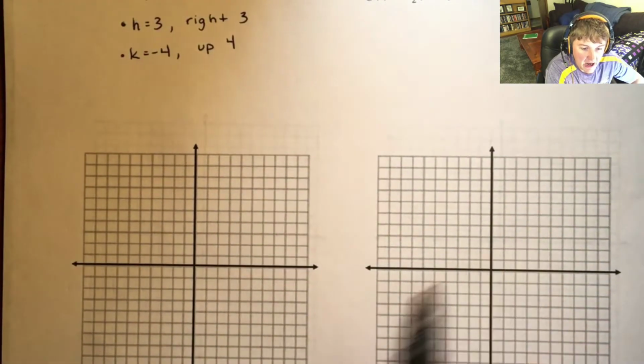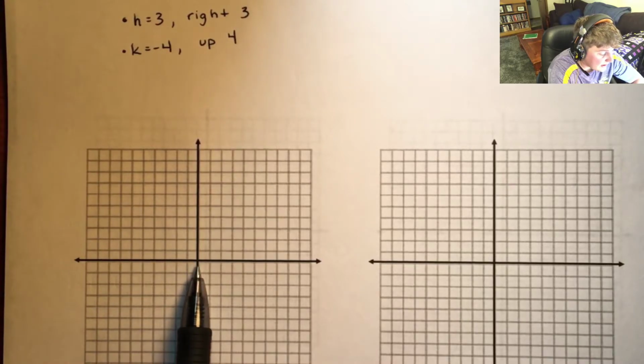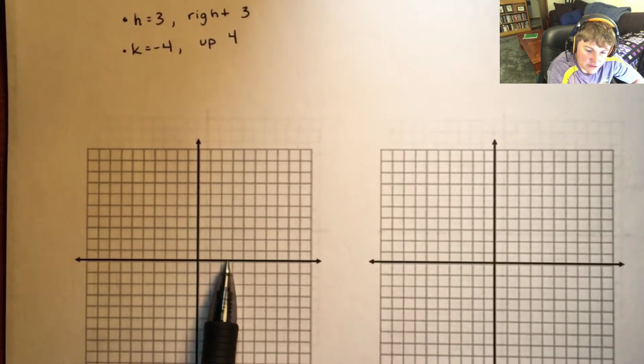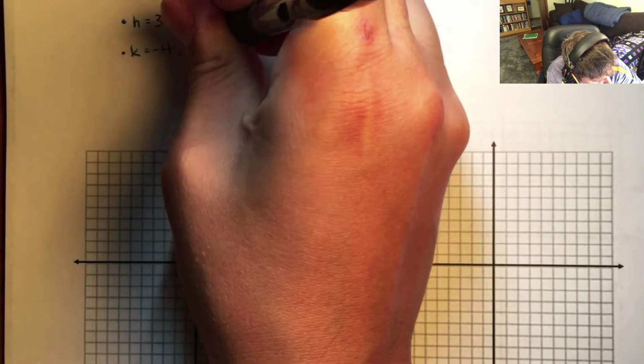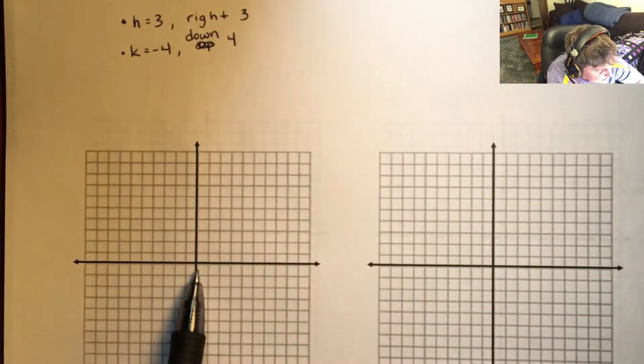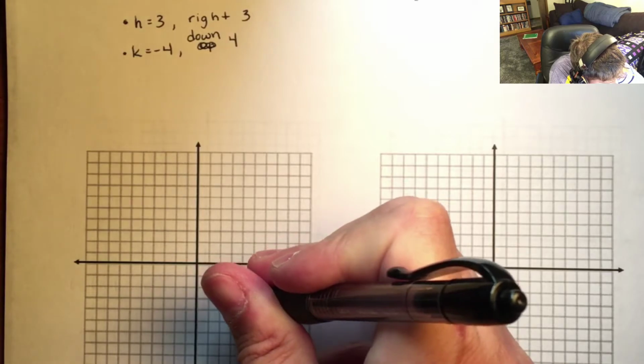I know the vertex is normally at 0, 0, but my new vertex for this problem has been shifted to the right 1, 2, 3, and down 4 because it's negative. So right 3, 1, 2, 3, and then down 4, 1, 2, 3, 4.